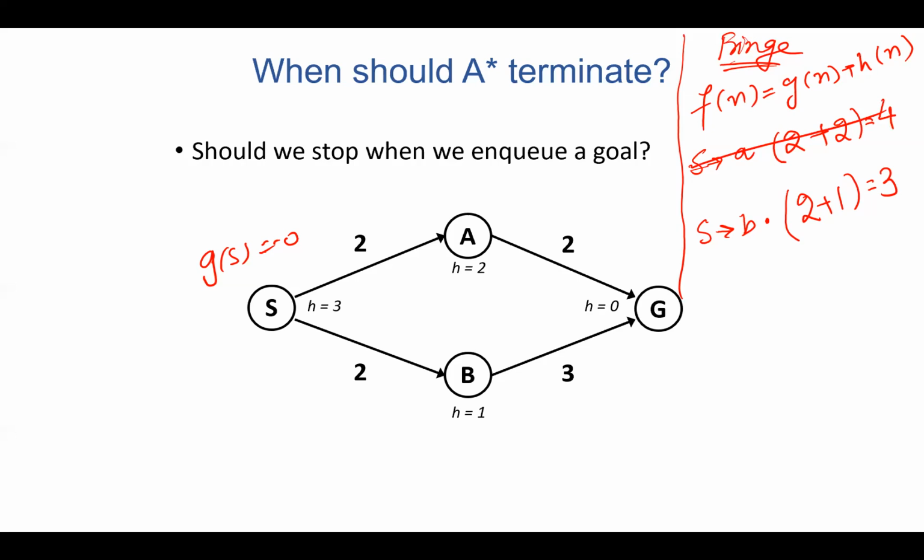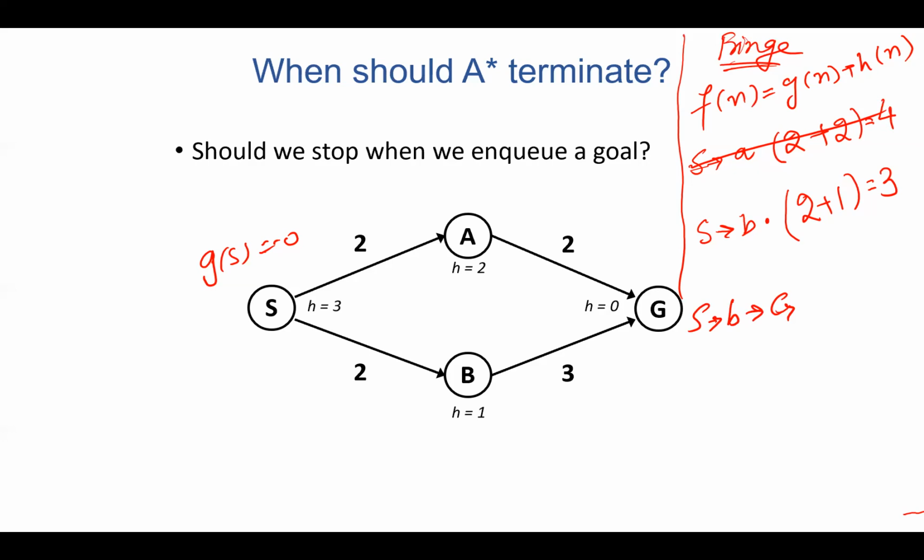G of N, that's the backward cost. So that means we're going to pick S to B, right? And then from S to B, we can go to G. And then what is G of G in here? 5, not 3.